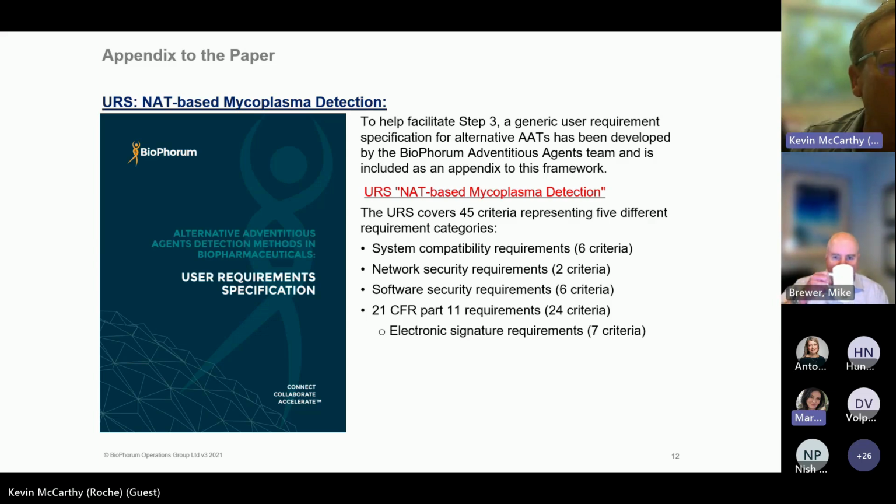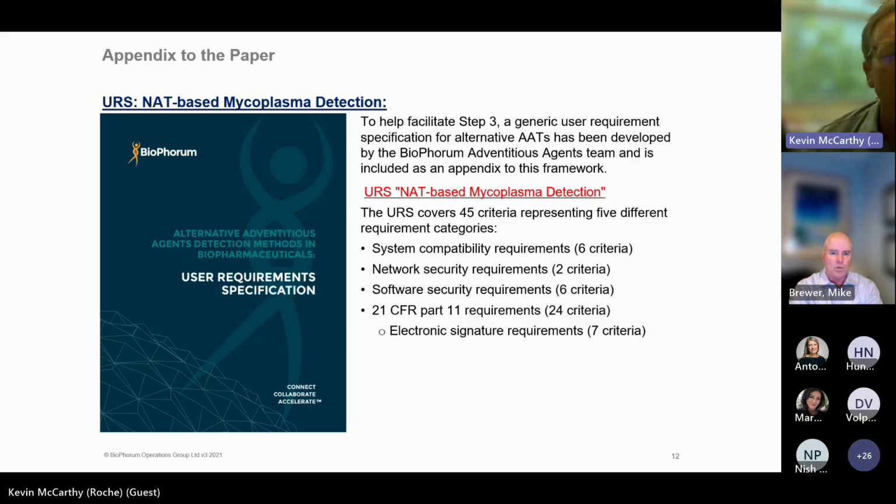So in addition to the 9-step framework that we established, we also established a common URS that the companies participated in developing. And this, of course, will facilitate step 3 of that 9-step process. The URS that we decided on had 4 overall sections with varying amounts of criteria.